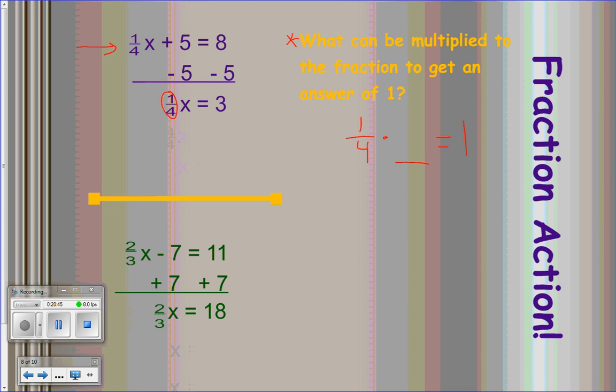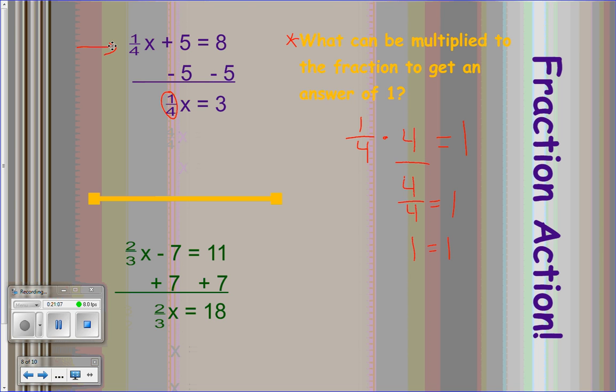The reason I want it to equal 1 is 1 times x is x. Anytime you multiply anything by 1, nothing changes. So I can multiply this by 4, because that is equal to 4/4, and 4/4 is equal to 1.